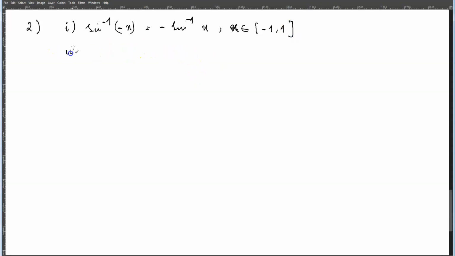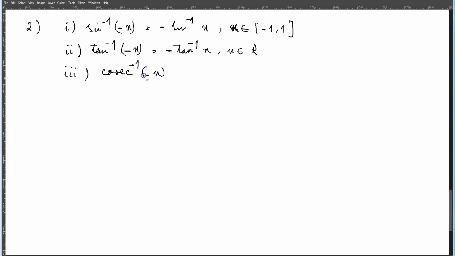And number two, we have the tan inverse of negative x is equal to negative tan inverse of x for all x's belonging to R. And number three, we have the cot inverse of, I'm sorry, not the cot, but the cosecant inverse of negative x is equal to negative cosecant inverse of x for the absolute value of x greater than or equal to 1, right?